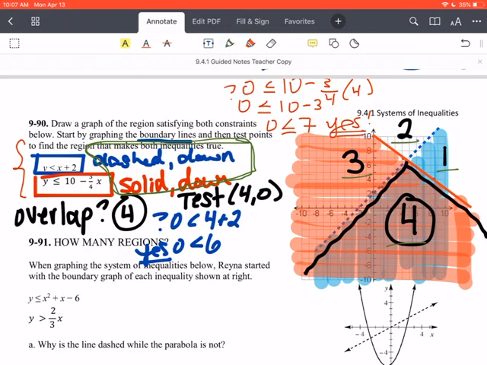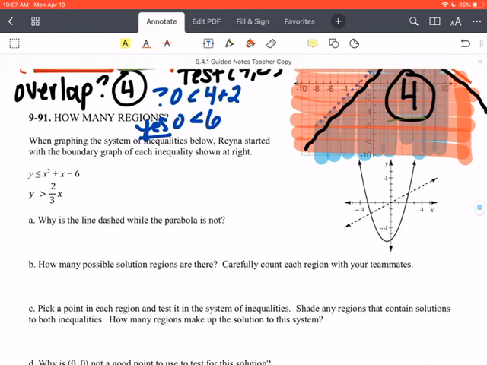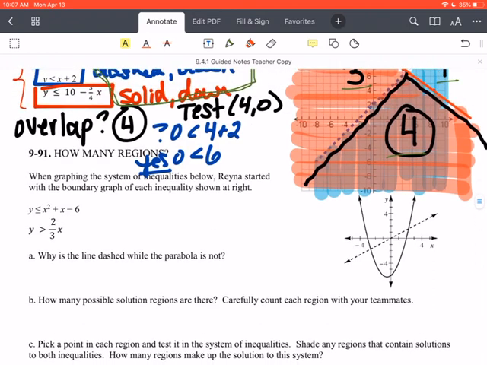All right. So now, of course, we can't just stick with 2 lines. We've got to move on to something we've been also studying in chapters 8 and 9, which is quadratics, parabolas. So when graphing the system of inequalities below, which is right here, Ariana started with the boundary graph of each inequality. Remember, we just treat it like an equation.